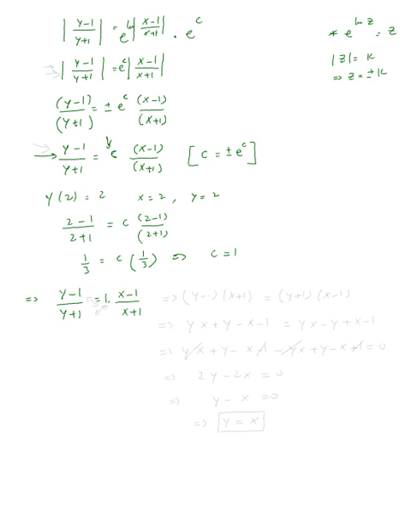And then I can go further, see if it looks better. I'm going to multiply diagonally. So y minus 1 times x plus 1 has to be equal to y plus 1 times x minus 1. So all I have to do is FOIL. If you FOIL this, you get yx plus y minus x minus y. Same thing here.